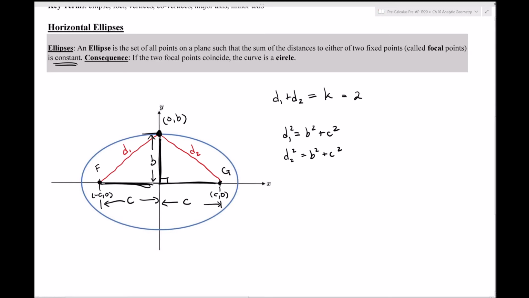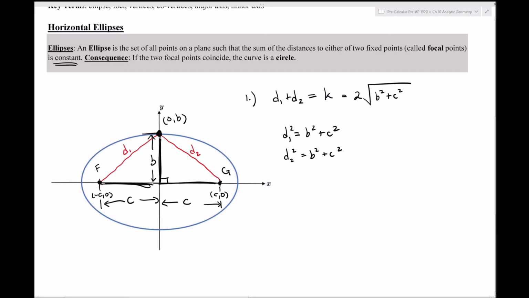So if d1 squared is equal to b squared plus c squared, then d1 is equal to the square root of b squared plus c squared. Therefore, k is equal to 2 times the square root of b squared plus c squared. That's our first fact. So fact number 1 for ellipses.